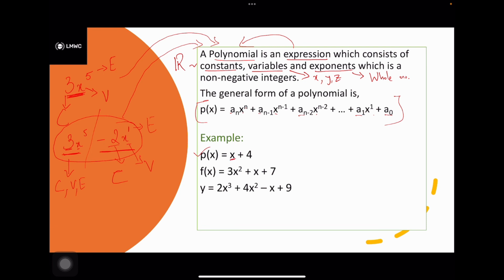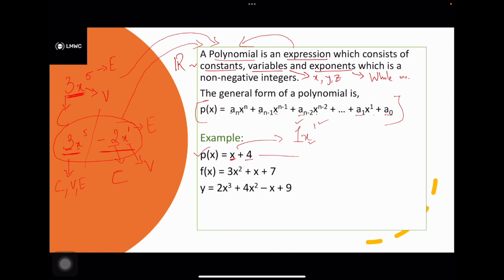So first term is x, second term is plus 4. Now x, as I have said before, has a power 1 because nothing is mentioned means there is only one x, and before the x there is 1. Number 1, 1 times x is x. So here again, 1 is our constant, x is our variable, and 1 is our exponent, which is a non-negative integer.